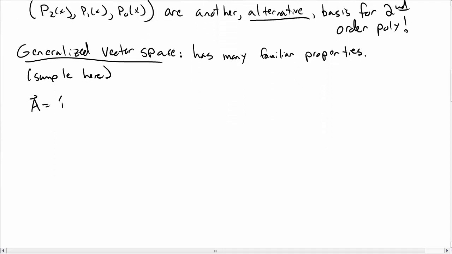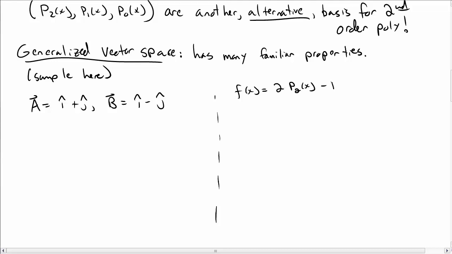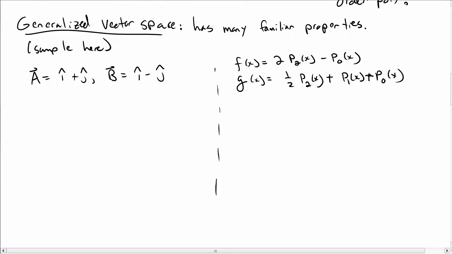So for vectors, let's consider we had two vectors a and b here. And for second-order polynomials, let's take two vectors in that space, f of x, which we'll write in terms of these Legendre polynomials, and g of x, also written in this way. Okay, so I have vectors in both spaces.